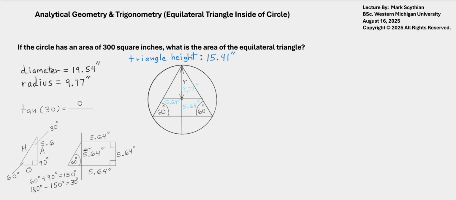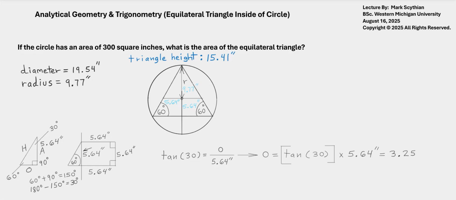But we do know what the altitude is. It's 5.64. So now we can easily solve for the opposite side as just the product of the tangent of 30 times 5.64 inches. So we get 3.256 inches as the remaining length of half of the base.